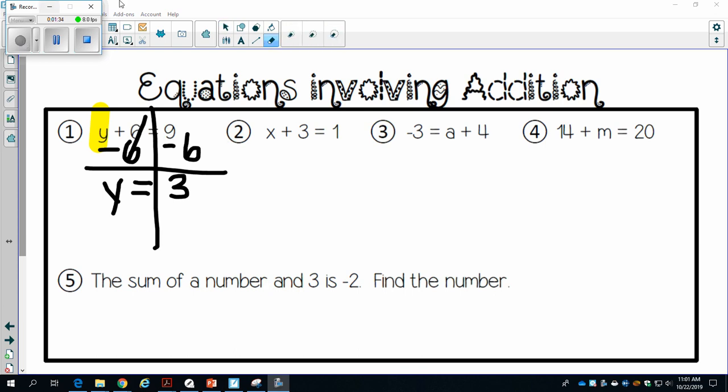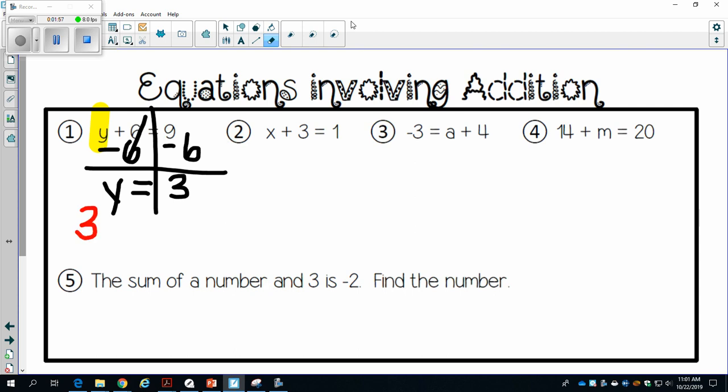One of the things I also want to do when we're working with these equations is learn to get in the habit of checking them. So we're going to go ahead and look at how we would check this equation. If I know that y is equal to 3, to check it, I'm going to substitute 3 for y.